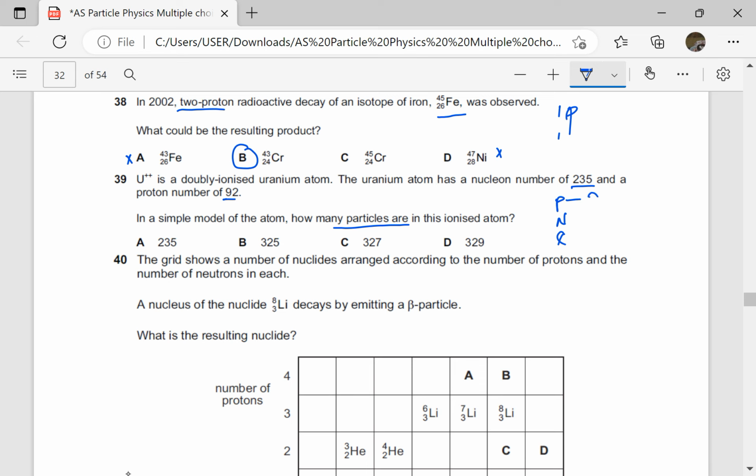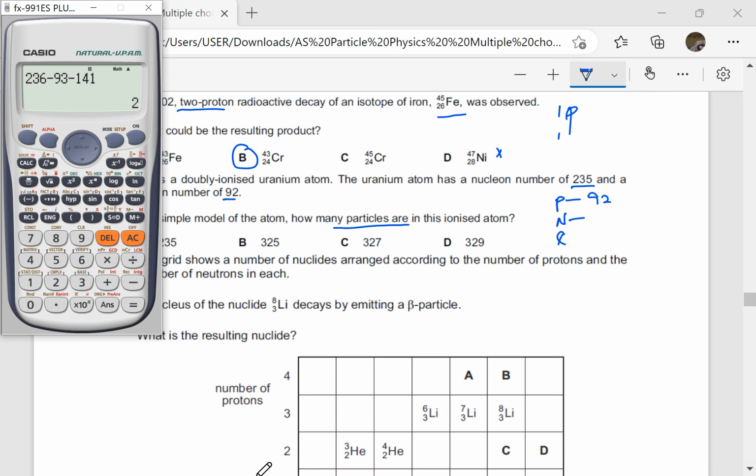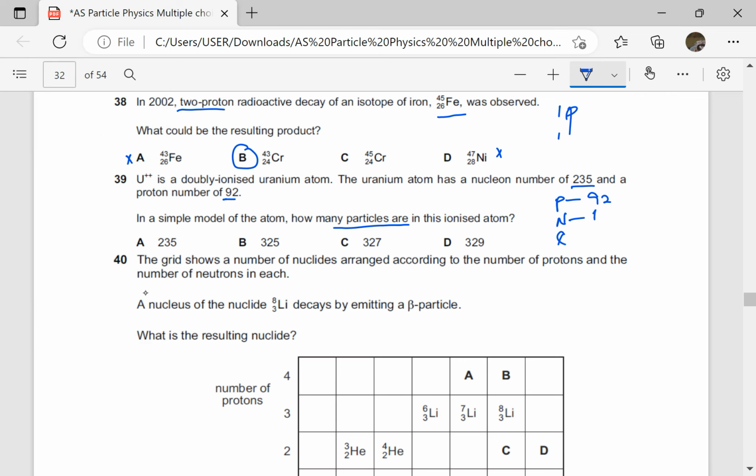So the number of protons is 92. The number of neutrons is 235 minus 92, which is 143. And the number of electrons, because it is ionized, is going to be 90, because it is doubly ionized. That means the number of electrons is less than the number of protons by 2.